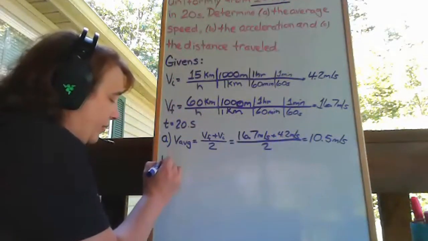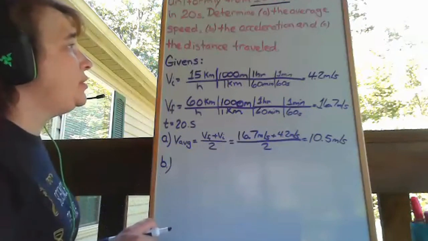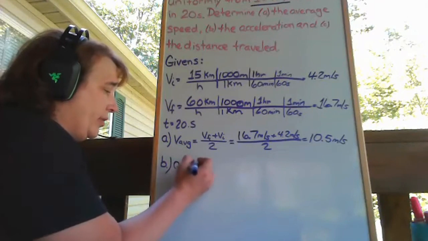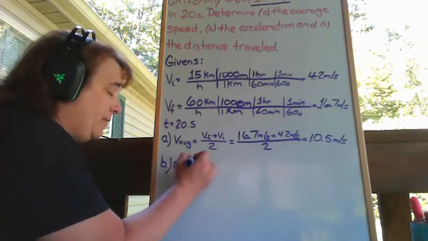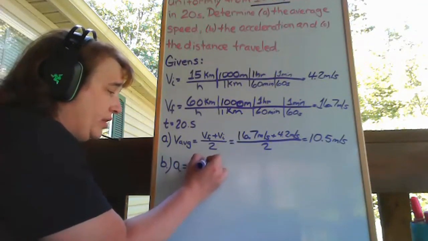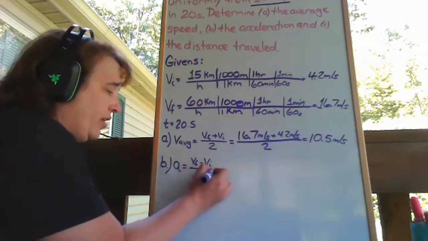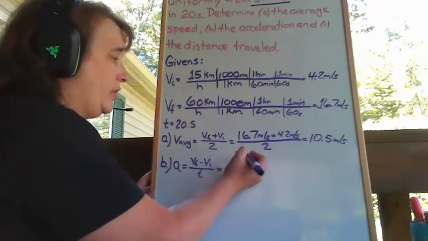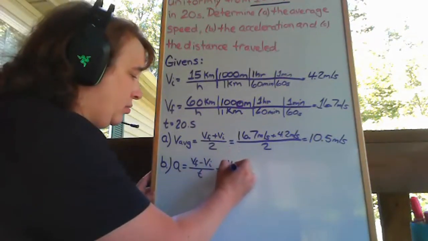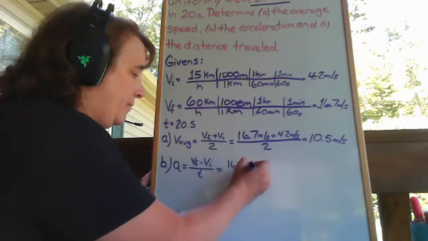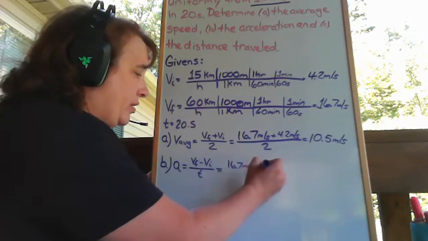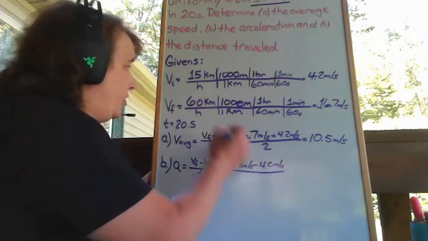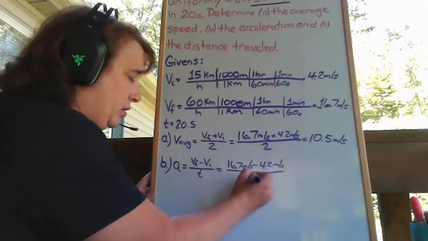All right, so for part B, it asks to determine the acceleration. Well, the acceleration is equal to the change in velocity. So V final minus V initial divided by the time. And we have the time. So we're going to take 16.7 meters per second, subtract 4.2 meters per second, and we are going to divide by 20 seconds.